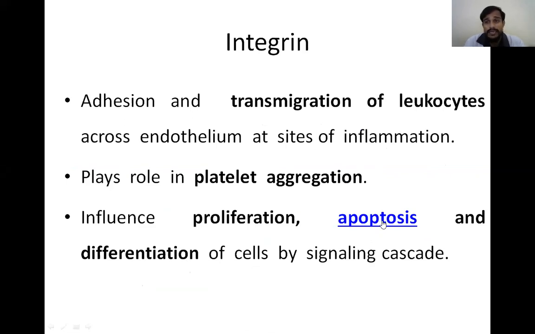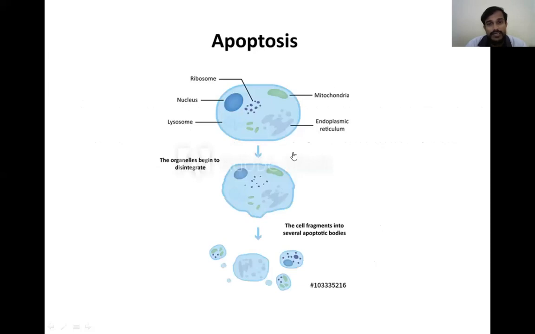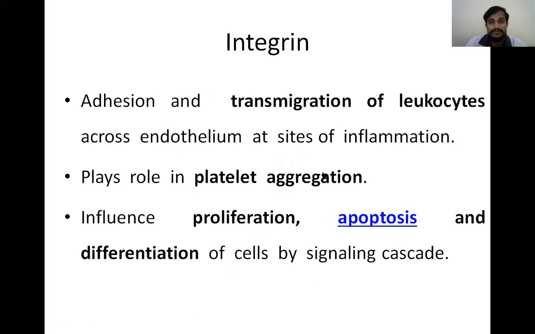Because these are partly embedded in the plasma membrane, they help in the following functions: platelet aggregation, proliferation, apoptosis, and cell differentiation. Apoptosis, you know, is programmed cell death, in which during an injury there is programmed cell death. So these are the individual functions of the components of the extracellular matrix.